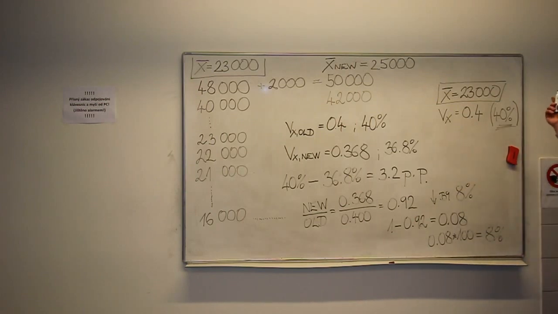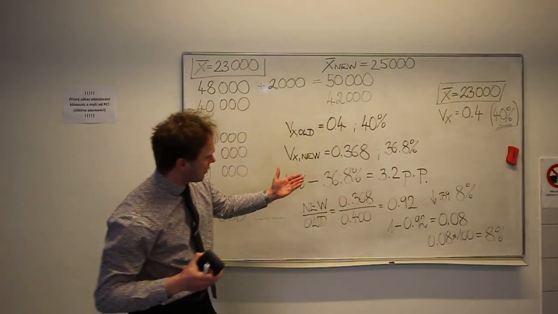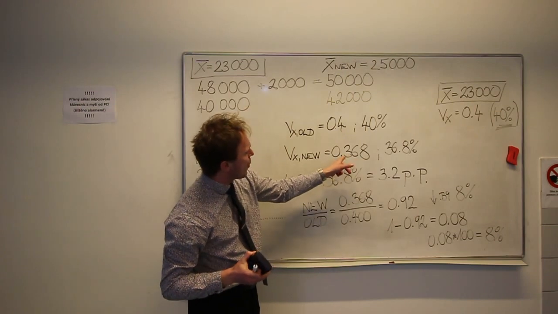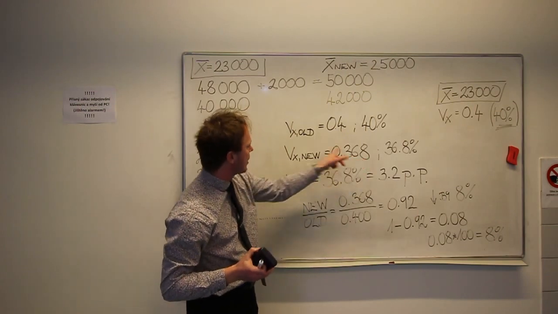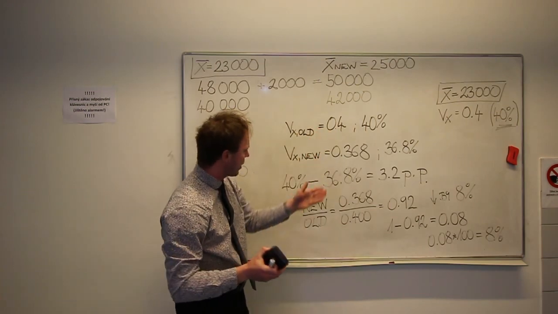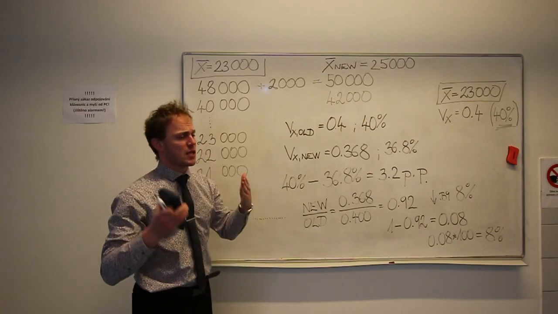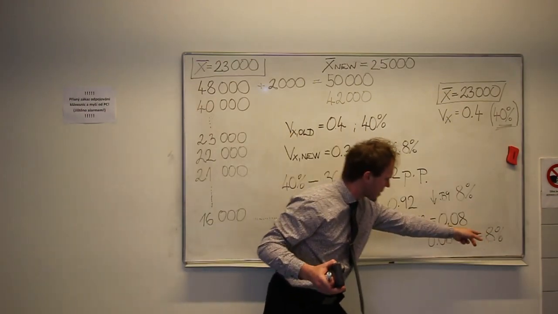So the new variation coefficient is 0.368, the old variation coefficient is 0.4. The new variation coefficient decreased by 8%.